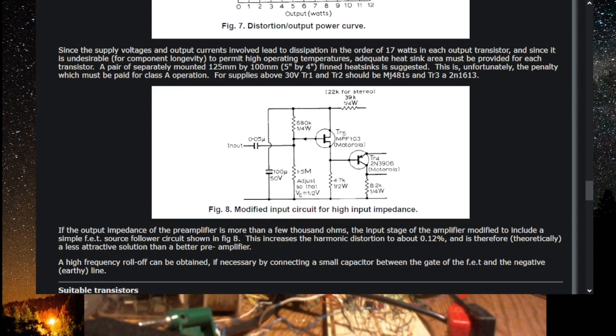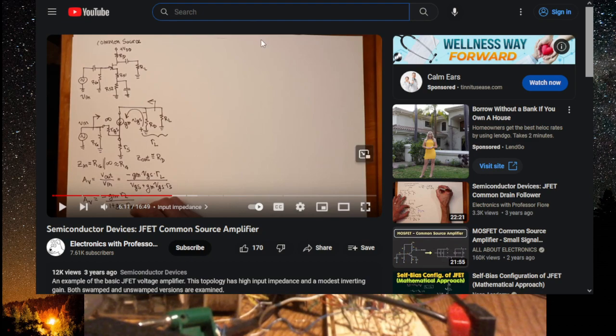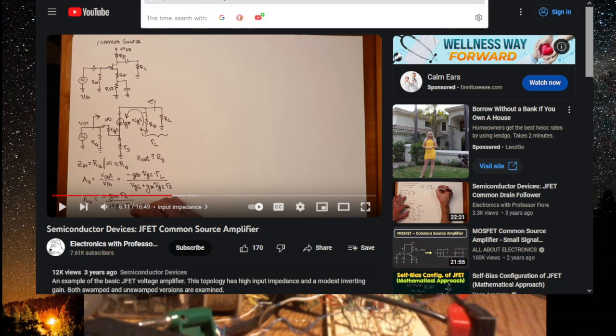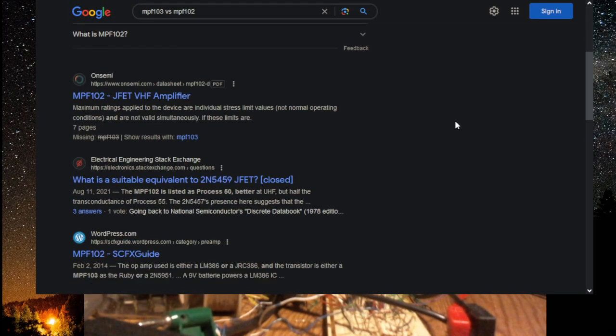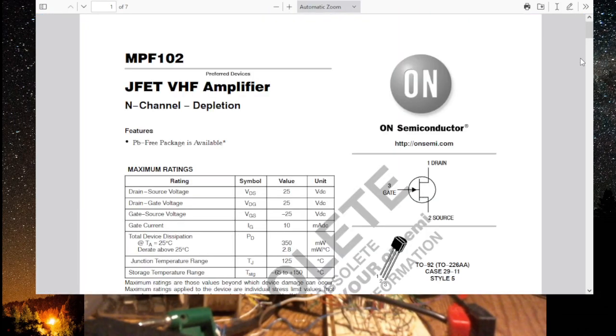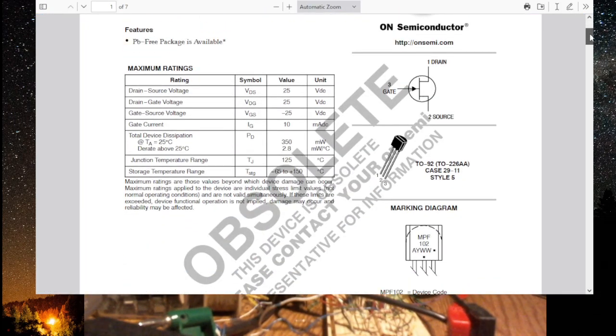MPF 103 versus MPF 102. Substitute. I got a bunch of these too, but these are like high frequency.